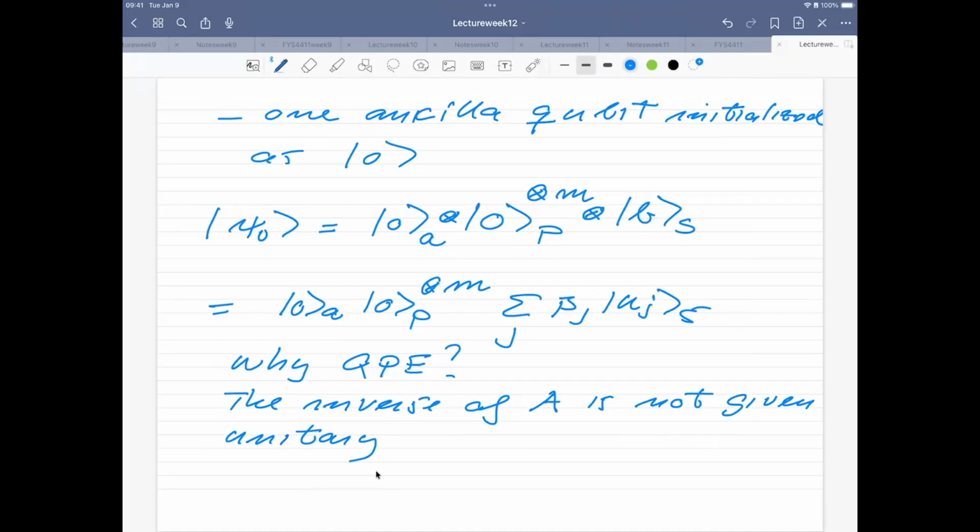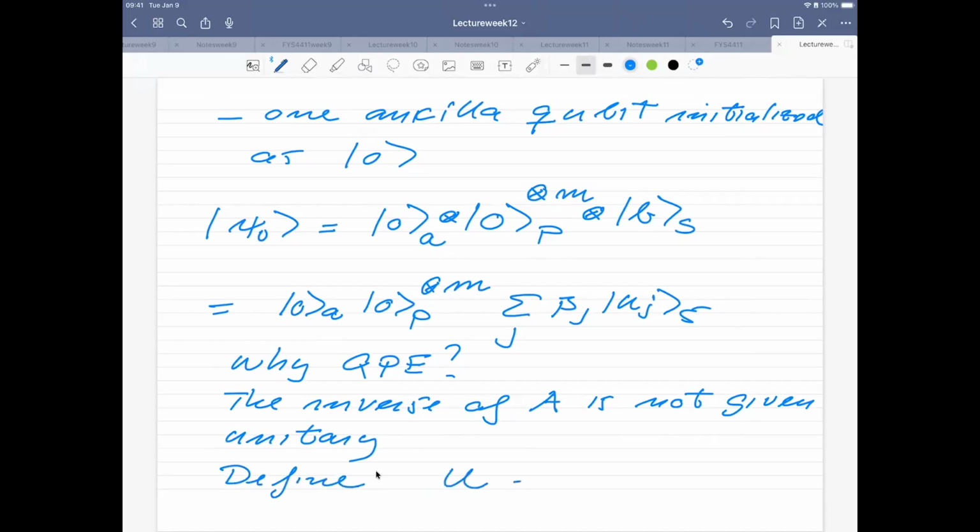So this is a basic assumption, because the only assumption we made is that H is Hermitian and non-singular. That does not mean that it is a unitary one. So that means that we cannot apply it directly as a quantum gate. That's an important aspect.